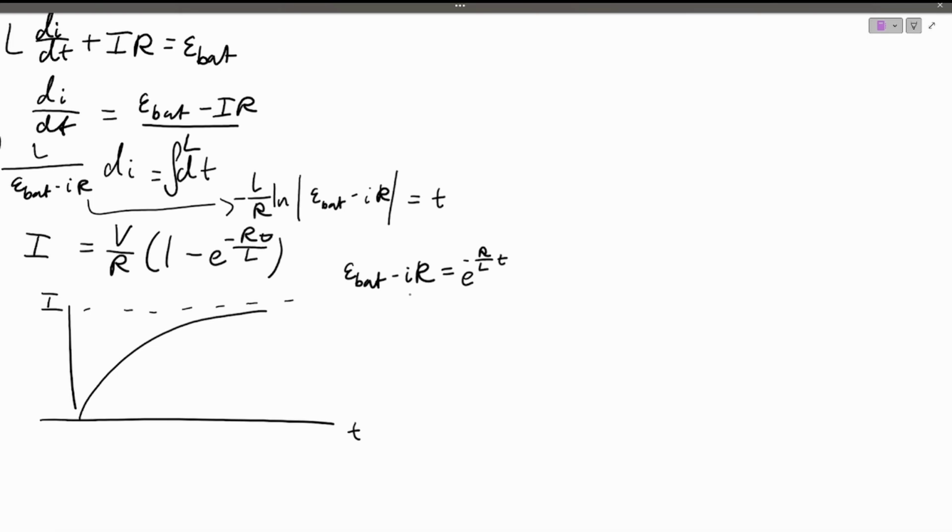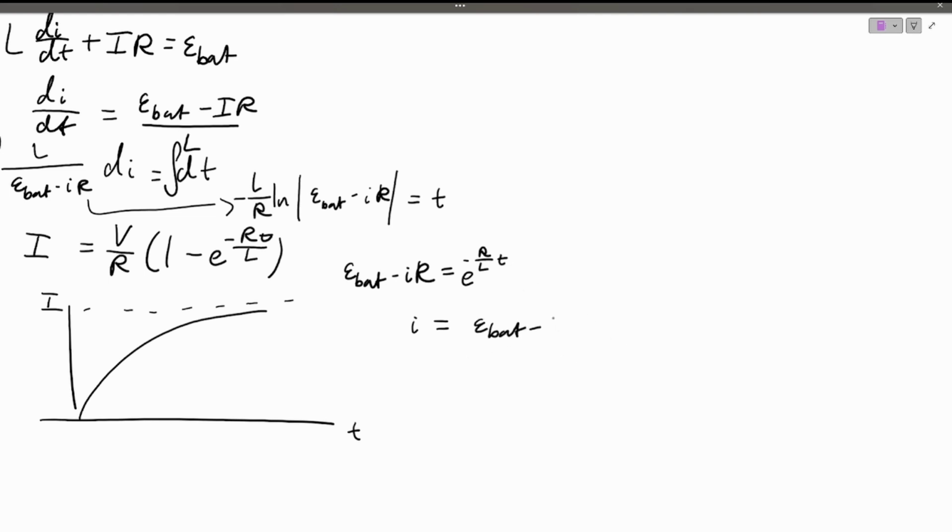So then if we solve for current, we'll find I is equal to negative I over L t plus epsilon, or rather, I guess we do it the other way around.